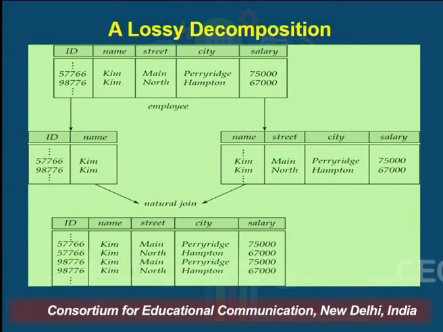So here, instead of getting two records corresponding to these two employees having the same name Kim, with the help of natural join, which is a process to combine the decomposed schema, we are getting 4 results. So obviously 2 of these results are wrong.